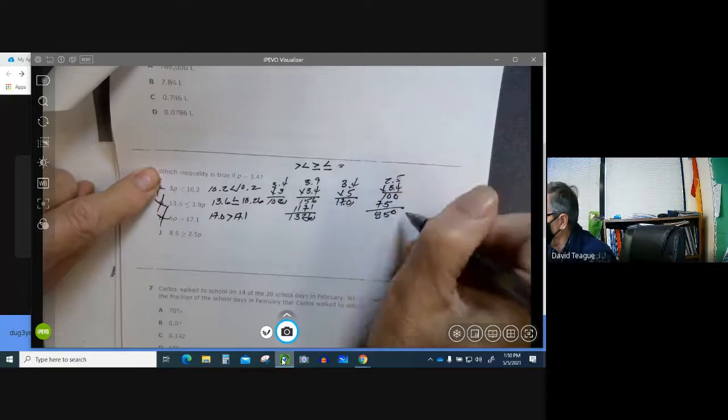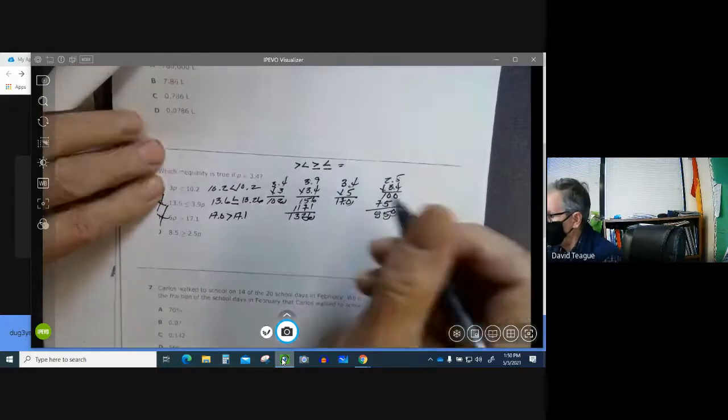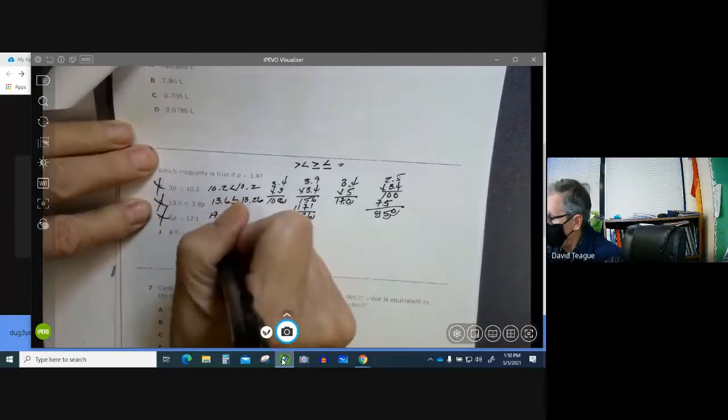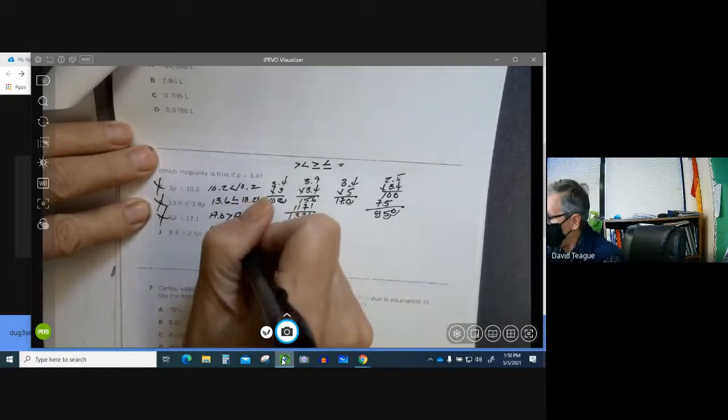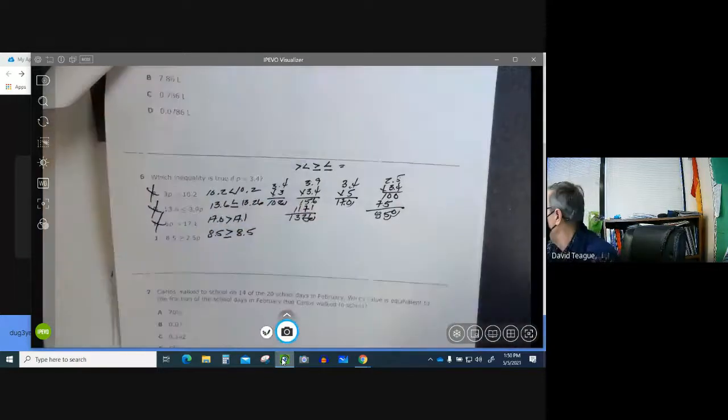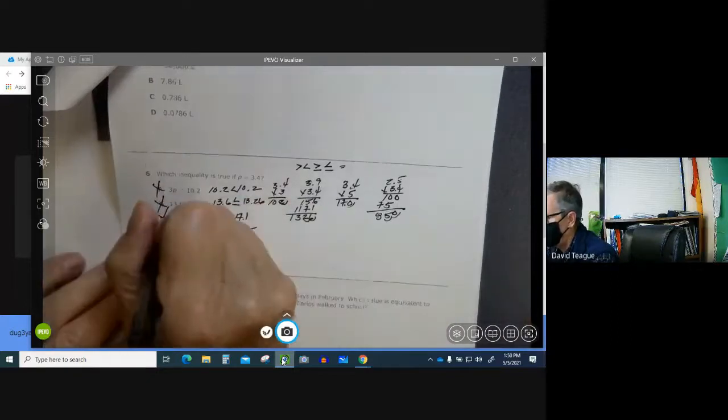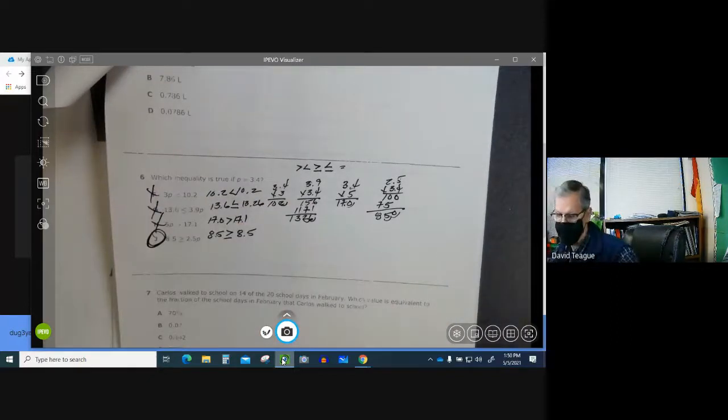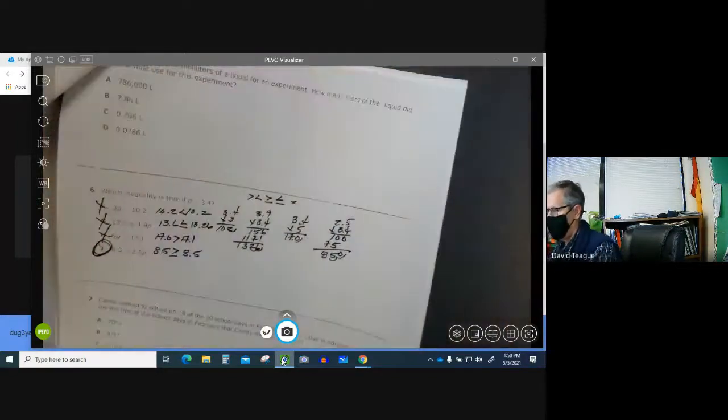And I have 2 decimal places. So 1, 2. It's 8.5. So I have 8.5 is greater than or equal to 8.5. That works, right? So your answer is J. Okay. That's 6. Let's go look at 14.